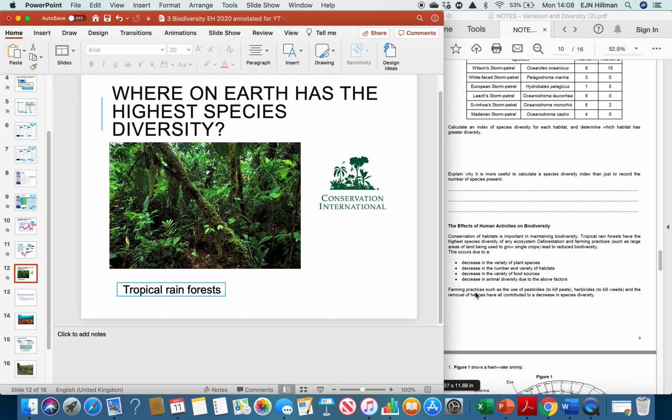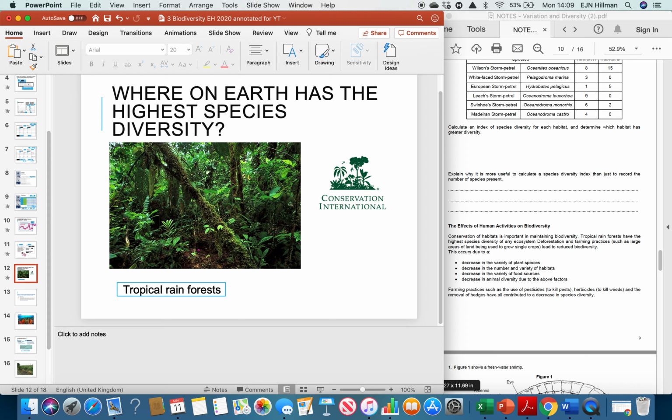activities might include farming practices. So farming practices may include deforestation or clearance of the forest to provide more pasture for animals, and that tends to be what's happening in Amazonia.